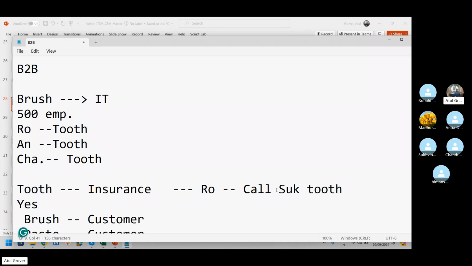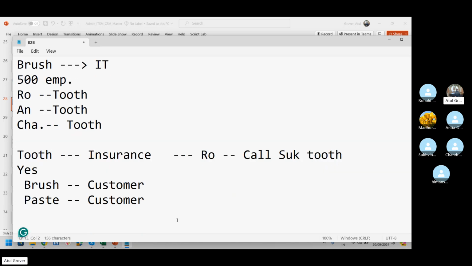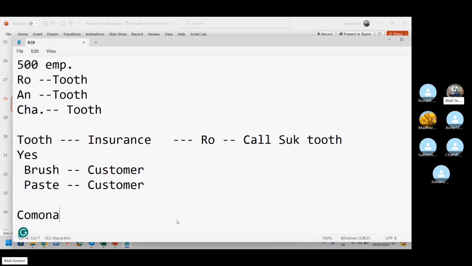And when they ask which company you're calling from, that company name is called an account. Because now think from the Tooth company's side. Tooth company purchased ServiceNow and they are using CSM.